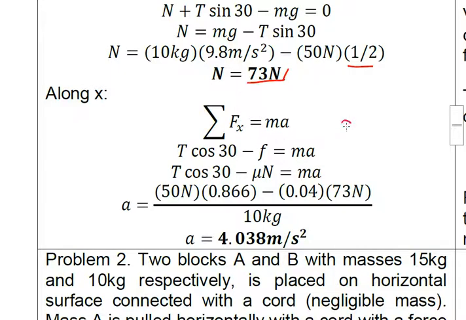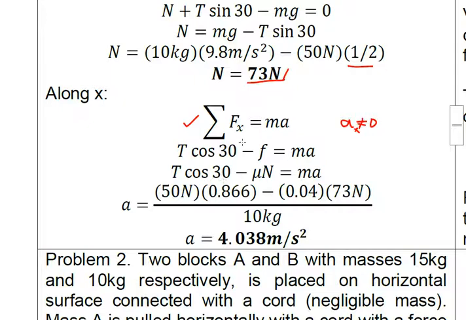So acceleration along x is not equal to 0. That's why we were able to apply Newton's second law. And then what are the forces along x? We have t cosine 30, a component of the tensional force in the x direction. Then you have minus f, because that is opposite the direction, then equals ma.